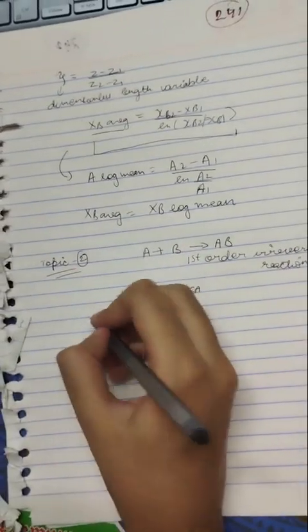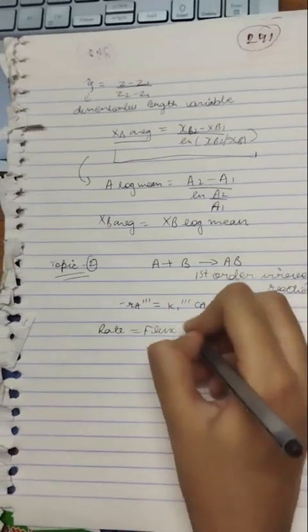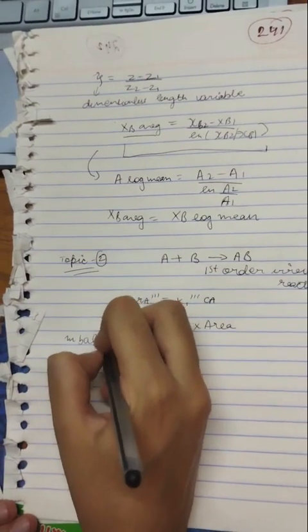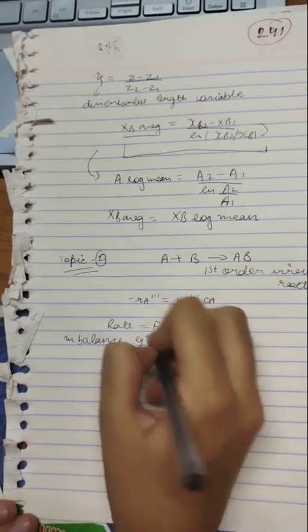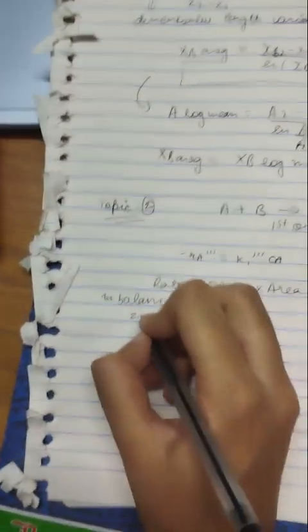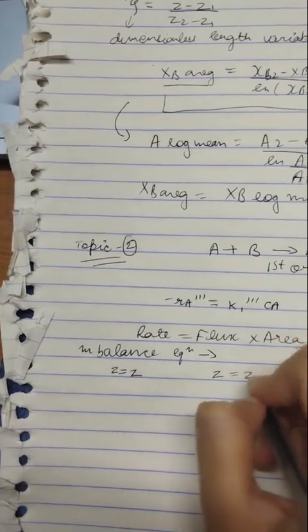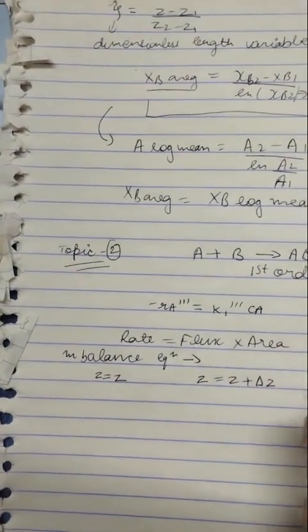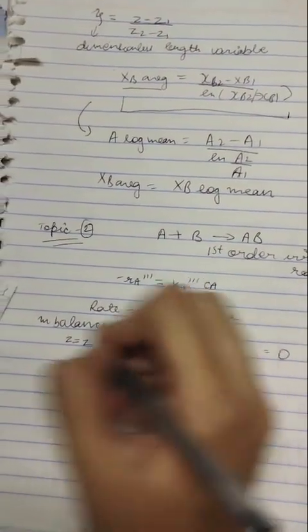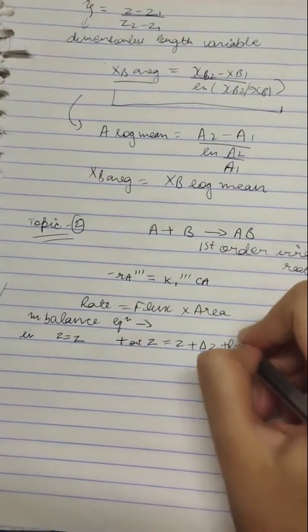Since we know that rate is equal to flux into area, we will write the mass balance equation here, which is momentum in at position Z is equal to Z, and momentum out at Z is equal to Z plus delta Z would be equal to 0, but what we will have here is reaction.